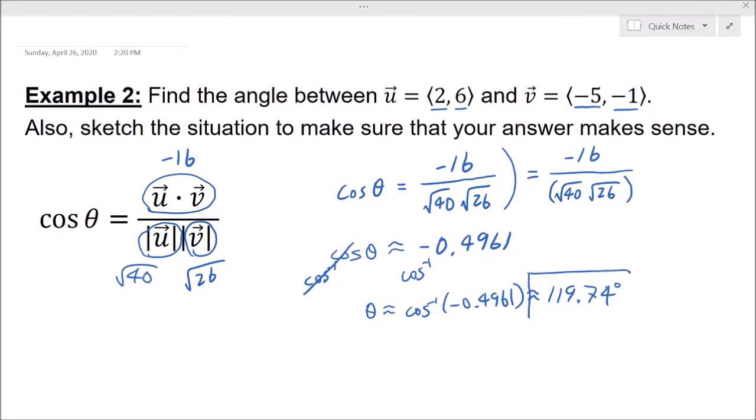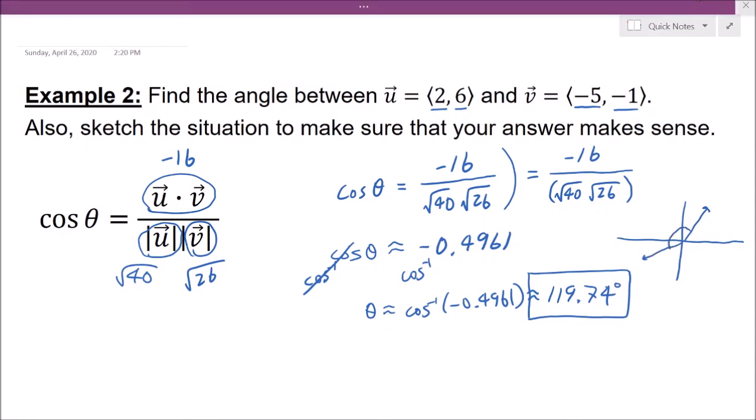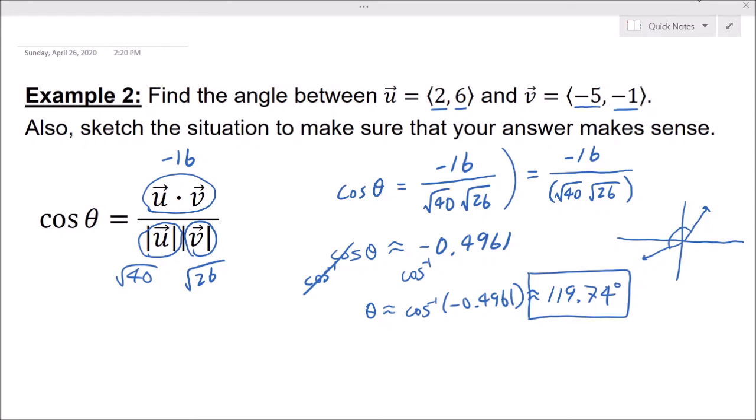And that's our final answer. And if you remember our diagram from earlier, one of the vectors points this way, one of the vectors points that way, and yeah, that looks around 119 degrees, right? So our answer is correct, and that's how you find the angle between two vectors.